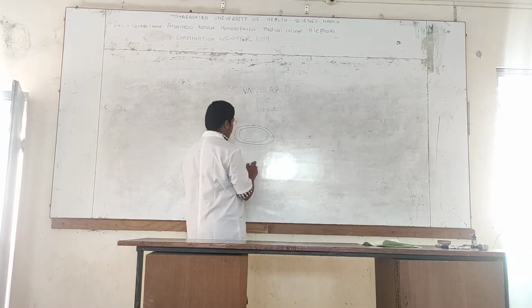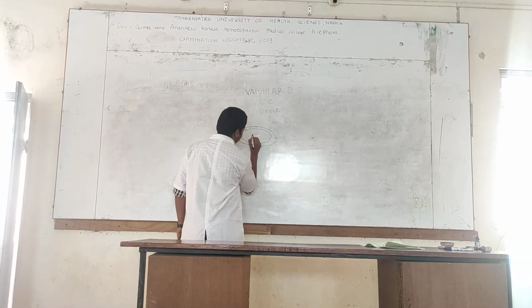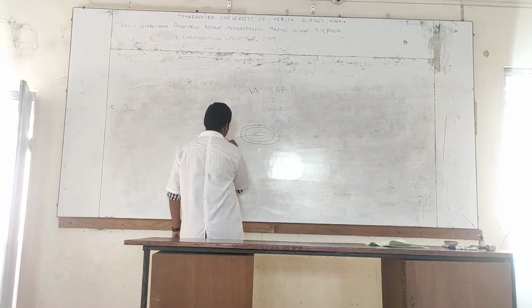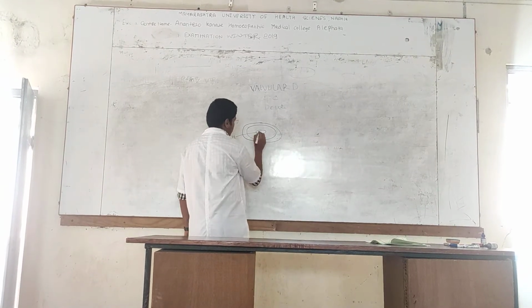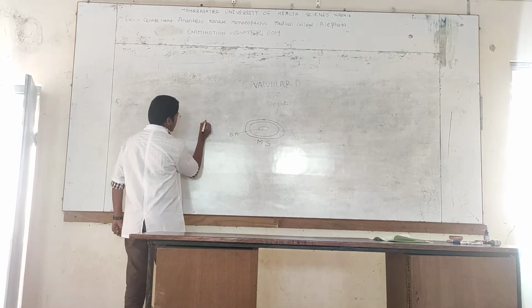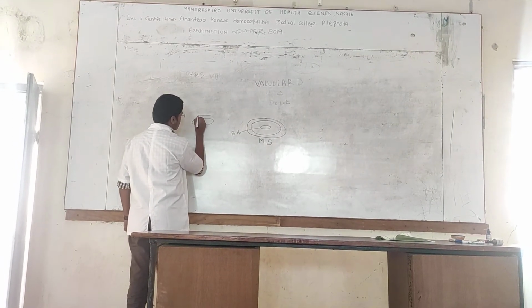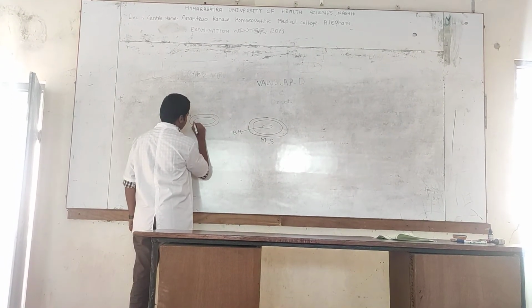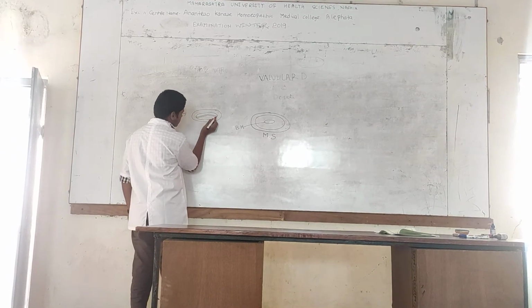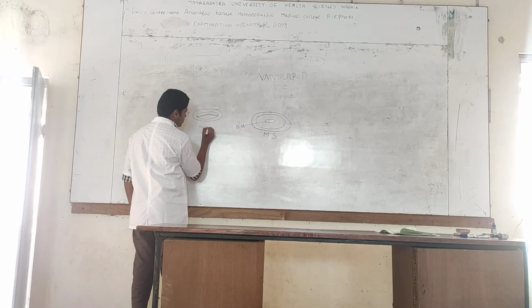Suppose this is the mitral valve, and the valve becomes shaped like a buttonhole. This is mitral stenosis, and the normal mitral valve is like this. This is the normal mitral.